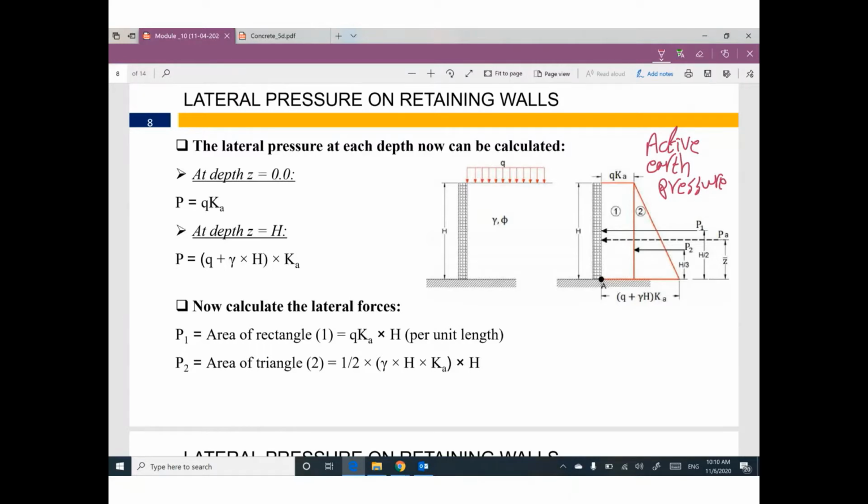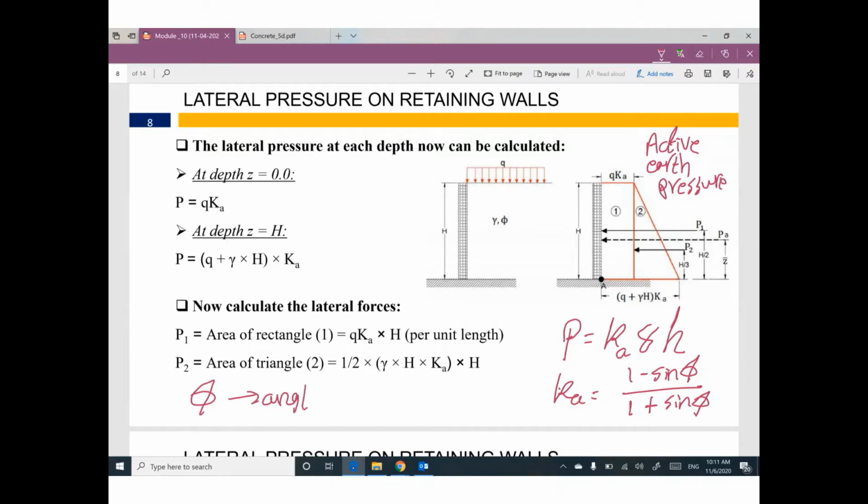Active earth pressure equals K active gamma H. K equals 1 minus sine phi divided by 1 plus sine phi, where phi is the angle of internal friction. All of this stuff is related to soil mechanics.